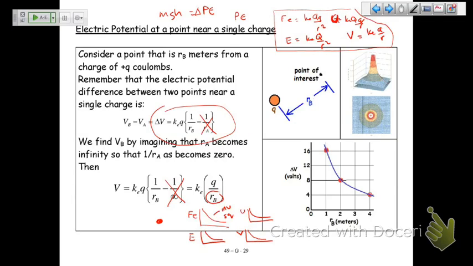Potential energy is inverse, but it's Q1 and Q2. And voltage is inverse, but it's only Q. So if you learn that one really well, and that one really well, you can figure out the other two very easily. They're not four independent equations. They're all related to each other. They're all different aspects of the same thing in the end.